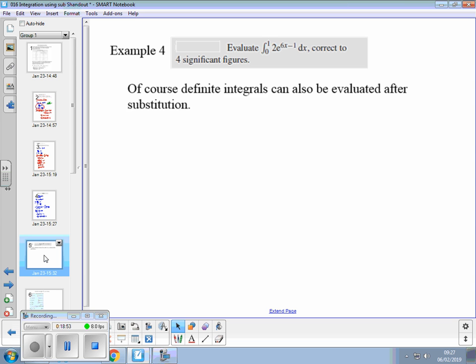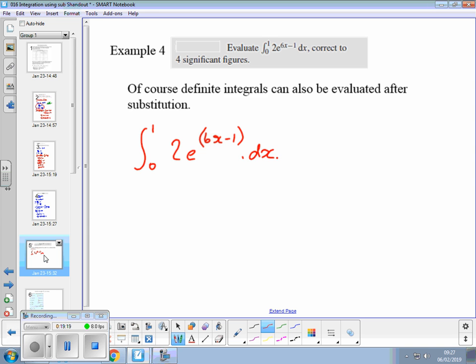So we're looking here at evaluating the integral between 1 and 0 of 2 times e to the 6x minus 1. So the index of an exponential function is another function of x. Give the answer to 3 significant figures.